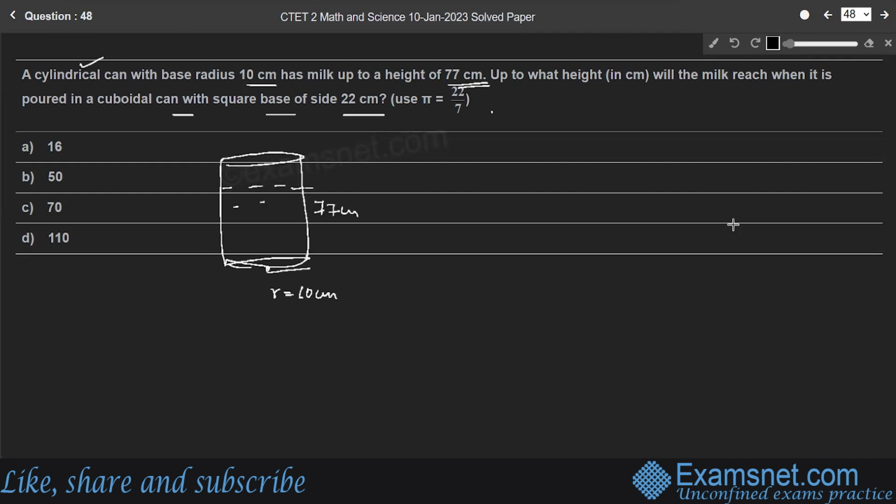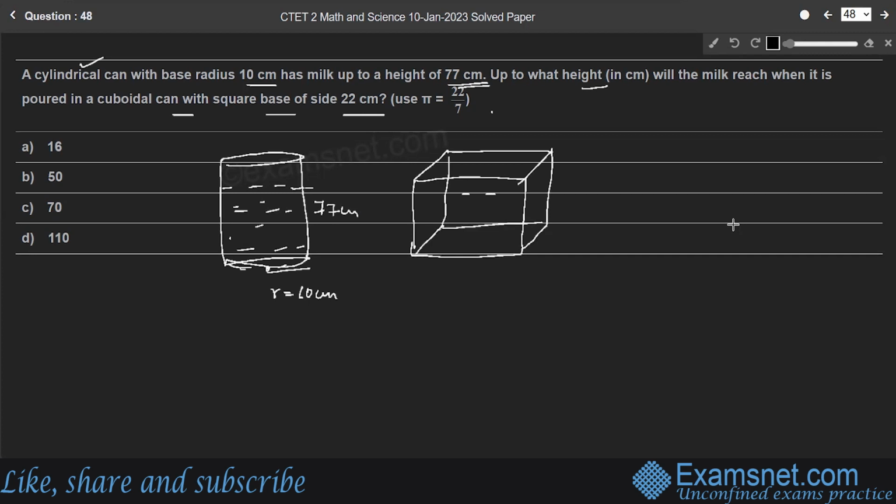So milk is poured. Right? So here the question is, up to what height will the milk reach when it is poured in a cuboidal can? So we'll consider a cuboidal can like this.